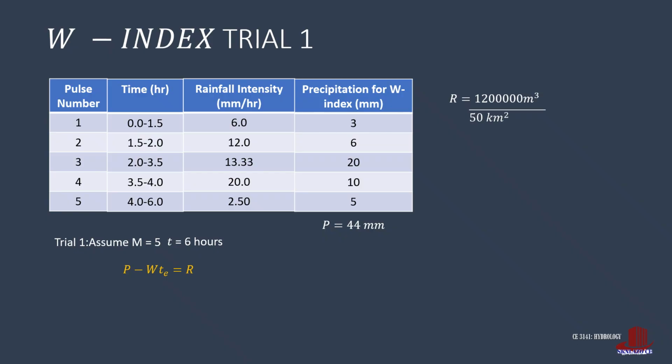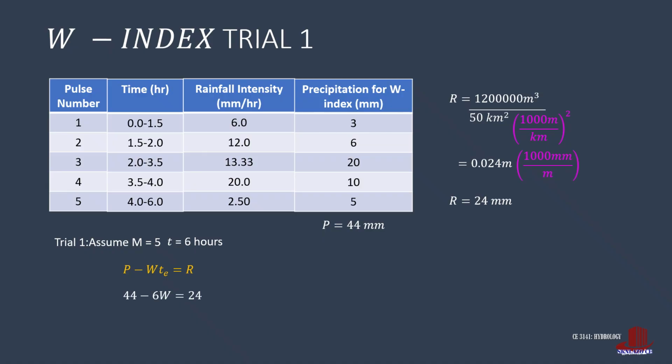Convert the area by multiplying the conversion of 1,000 meters for a kilometer. So R becomes 0.024 meter. Convert this again into millimeters by multiplying the conversion factor of 1,000 millimeters per meter. R is then computed as 24 millimeters.